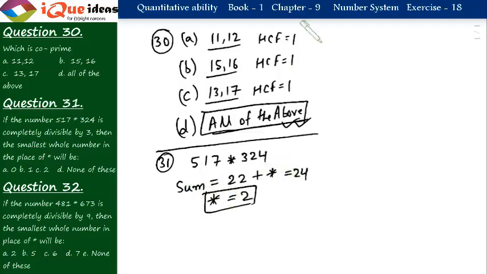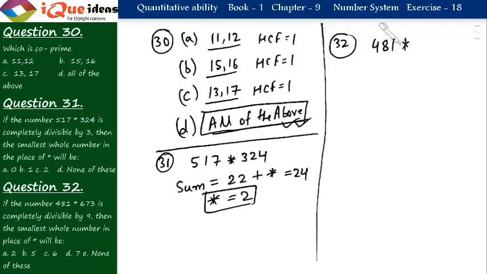Alright. Similarly, we can take question number 32. It says, if the number 481 star 673 is divisible by 9, right? So same process, even for 9 we have the same method, that the sum of digits should be divisible by 9. Add all the other digits.